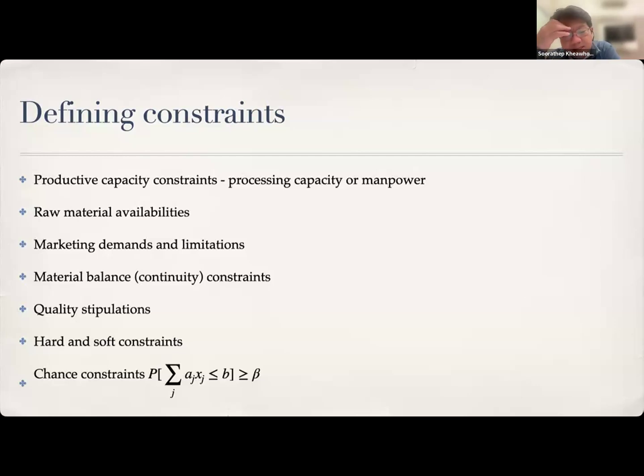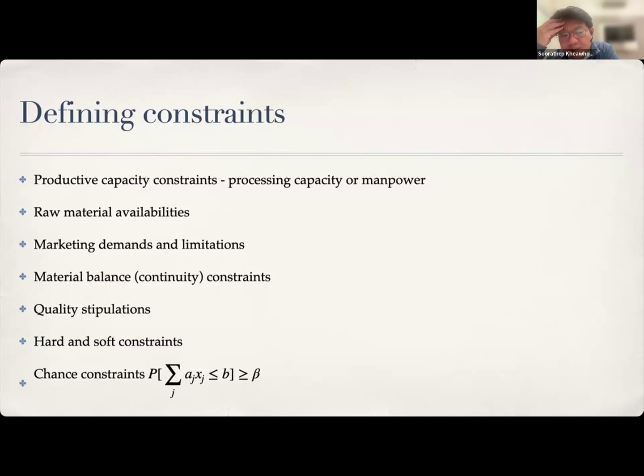Okay, the next one is a chance constraint. Chance constraint means, because we are dealing with the stochastic nature of some variables, the way we set the constraint is through the probability that this constraint is violated, we set as a probability.